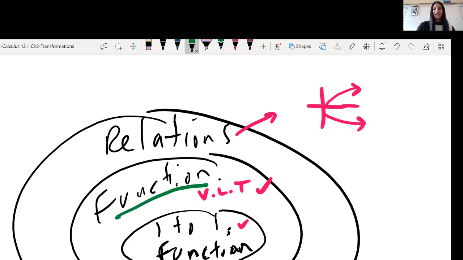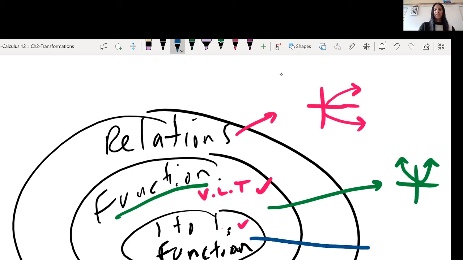So if I look at the function, that could be just a regular parabola because it's going to pass the vertical line test everywhere on there, but it's not going to pass the horizontal line test. And if I want to give an example of what would count as a one-to-one function, well, if I just had a line like this, it passes the vertical line test, passes the horizontal line test, so that's what it would look like. So hopefully that little explanation helps bring some clarity to this.